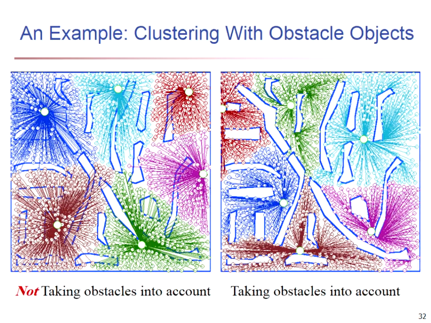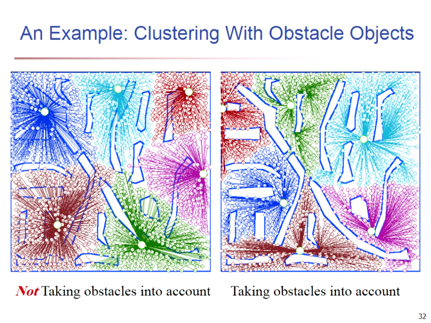So this is an example of clustering with obstacle objects. Here the constraint is obstacle objects. The obstacle objects are defined by the blue line, and we want to create clusters and take into account the constraint of these obstacles.